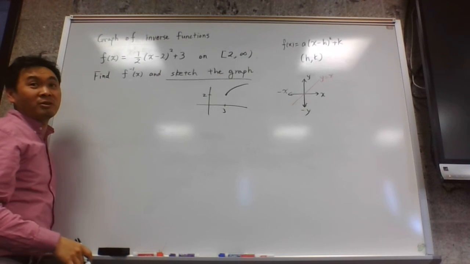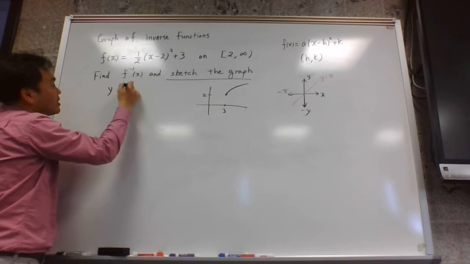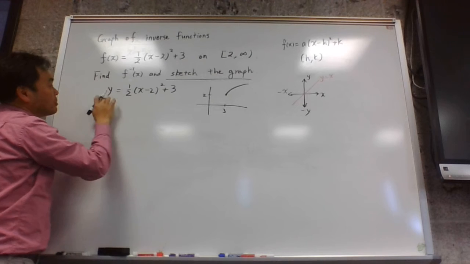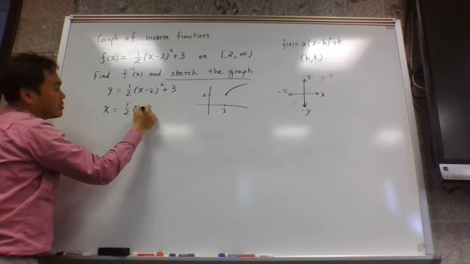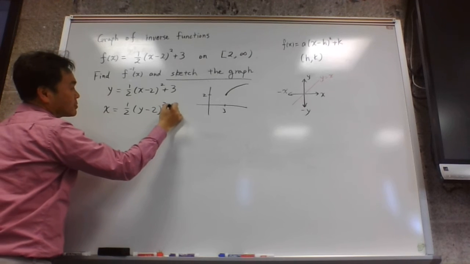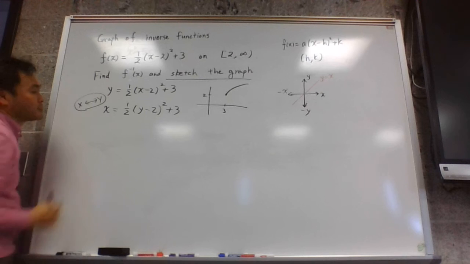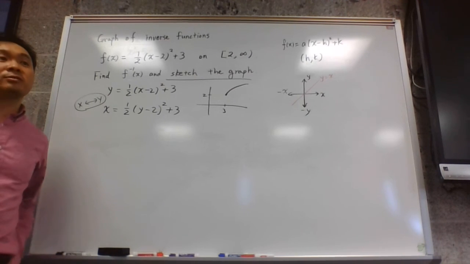So what do I do? This should be y, right? So we first write y, and we flip x and y. So x becomes y. So that's what you get after flipping x and y. Okay. That's the first step.